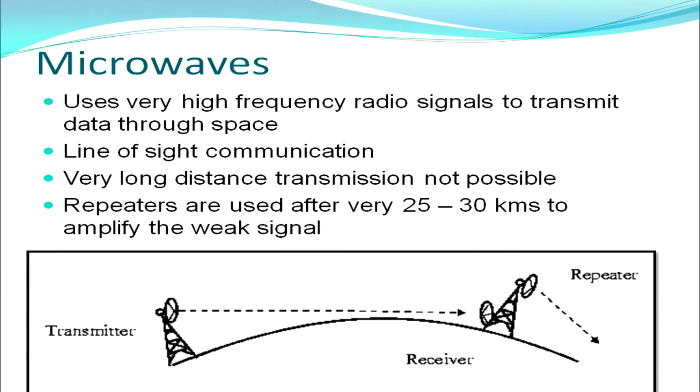Because of the curvature of the earth, very long distance transmission is not possible in the case of microwaves. The repeaters have to be used after every 25 to 30 kilometers to amplify the weak signal. But yes, for short distances, it is a very useful and economical communication medium.